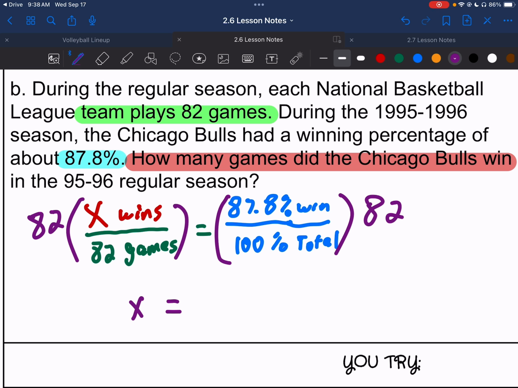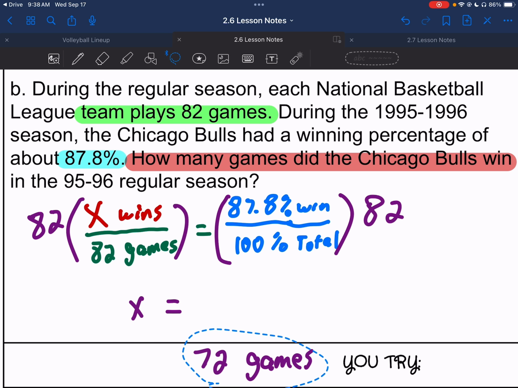That is going to get us a decimal, and it's going to round to 72 games, right? Our decimal would have been 71.996. So we round that to 72 games.